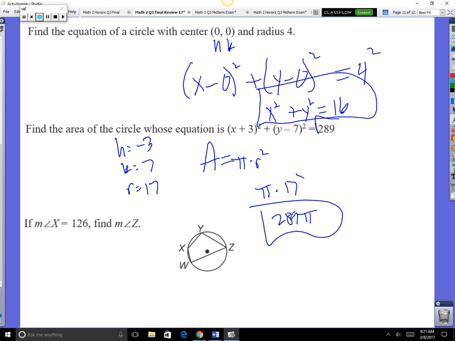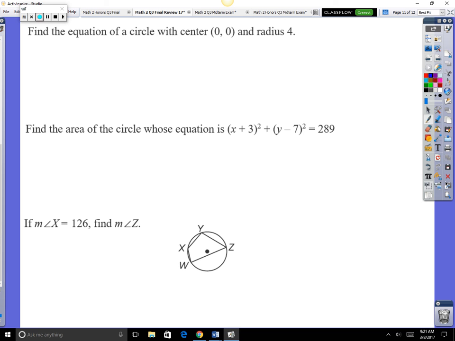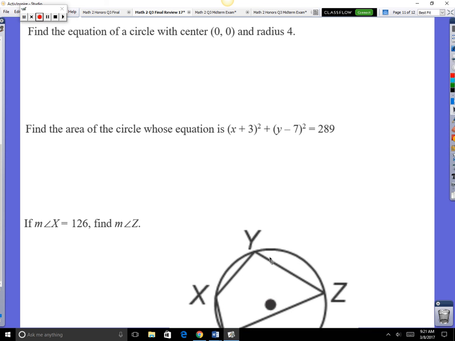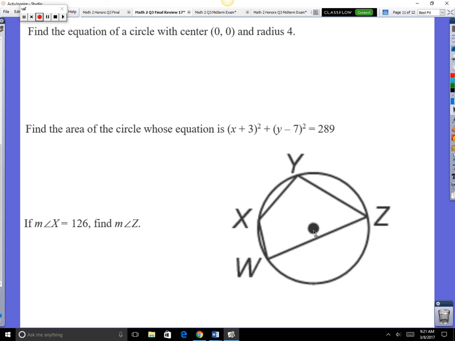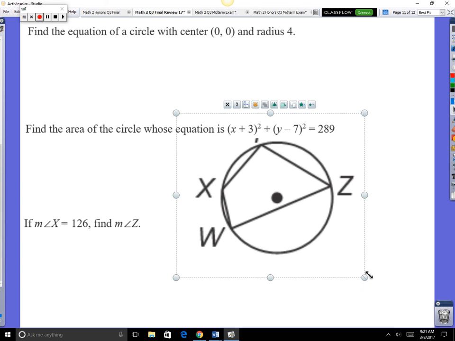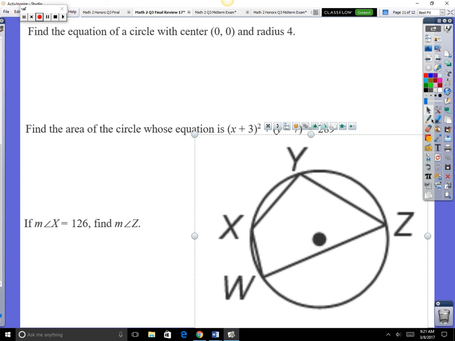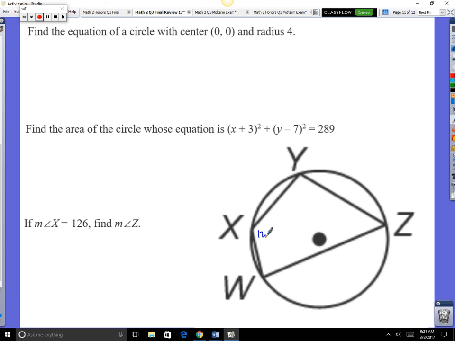Okay, now this one's a good one. So I wonder if I can blow this up. Okay, so here we go. Angle X is 126, so this angle right here is 126 degrees.